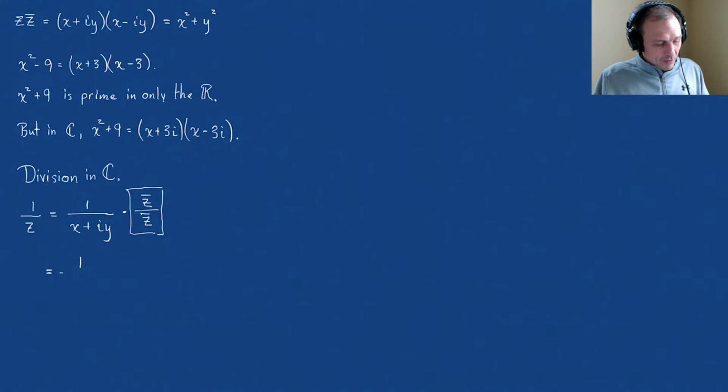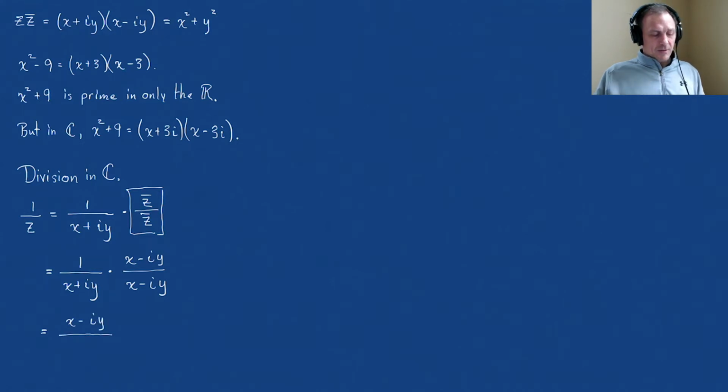So I have 1 over x plus iy times x minus iy over x minus iy. Well, my numerator now becomes x minus iy over, and we already found out what z times z complement is.